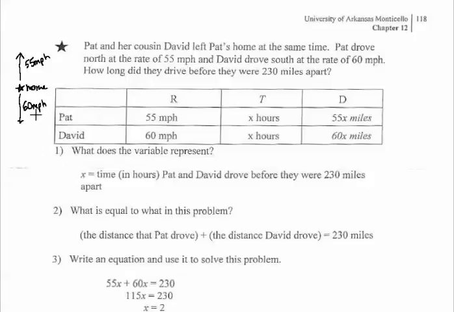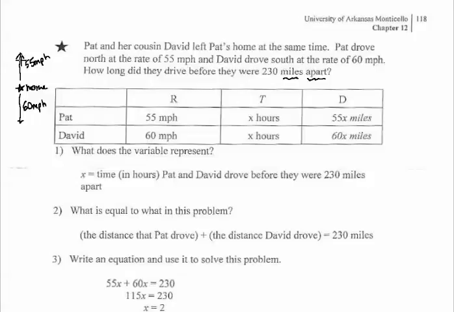Now, it says they leave the same time and whatnot, but one thing to notice about the distance that we were given is that it says they were 230 miles apart. It didn't say that one drove 230 or the other one drove 230. This is sort of their combined distance.